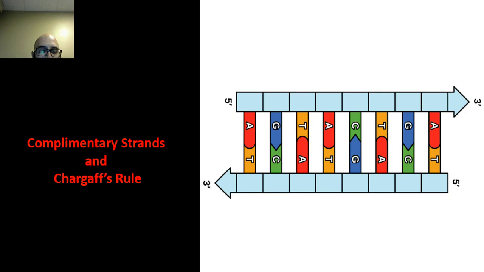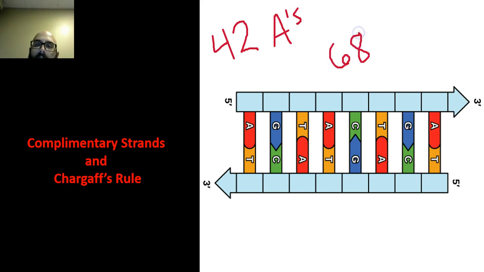Here's what I mean. Let's say, for instance, I'm examining a DNA strand and I find that it has 42 adenines. It also has 68 guanines.